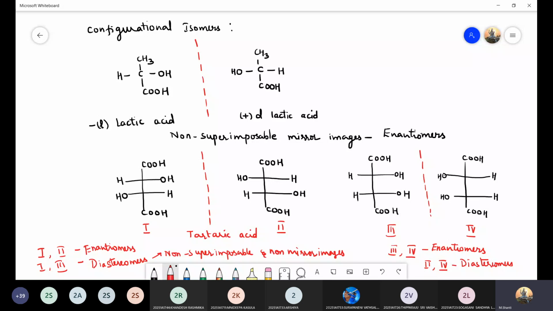Do you remember something about the cis and trans geometrical isomers? Yes. Even those are nothing but your diastereomers. Cis and trans also come under the category of diastereomers. Shall I go to the next page? Yes, ma'am.